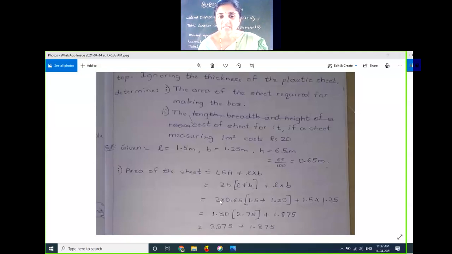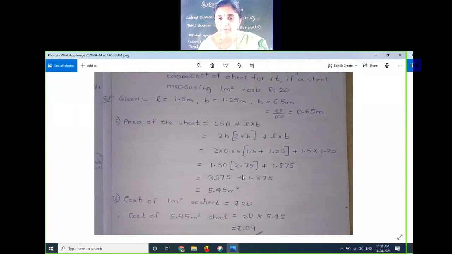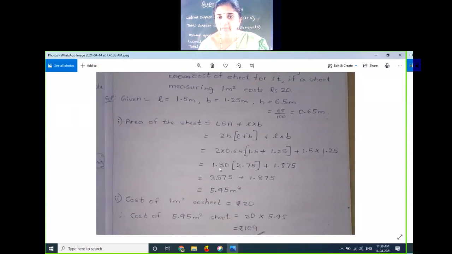After simplification, 2 into 0.65 is 1.30, 1.5 plus 1.25 is 2.75, and 1.5 into 1.25 is 1.875. The product 1.30 into 2.75 is 3.575, plus 1.875 as it is.